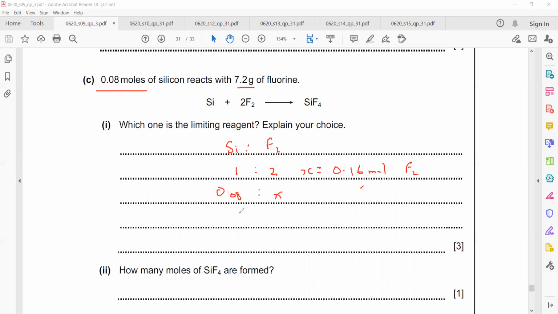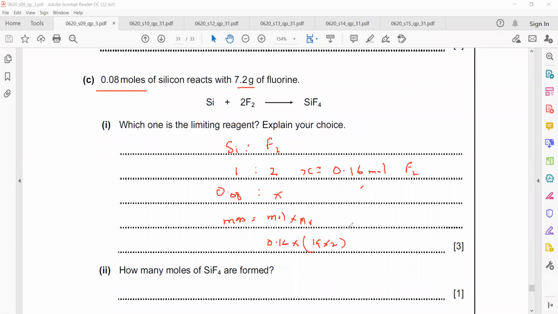But you need the mass of fluorine. So how to get the mass? Mass is equal to moles multiplied by molar mass. Moles are 0.16, and the atomic mass of fluorine is 19, but because it's a molecule, 19 multiplied by 2 is 38.